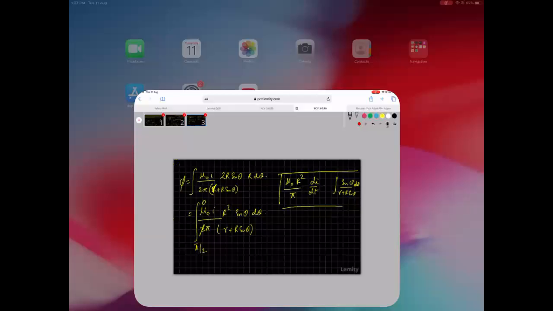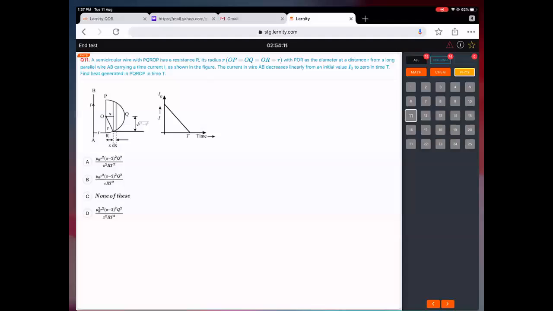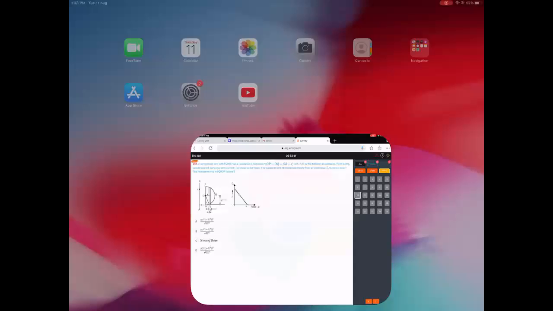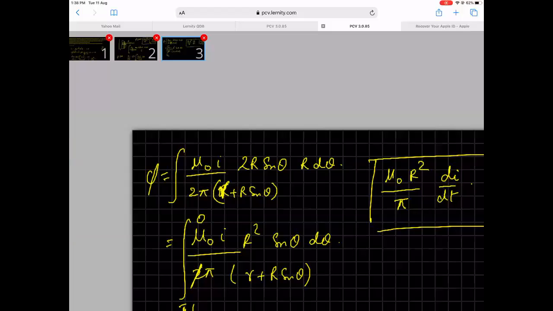Okay, so the question is the heat generated. The current in the wire AB decreases linearly. OP is equal to OQ is equal to... okay, so not many errors.